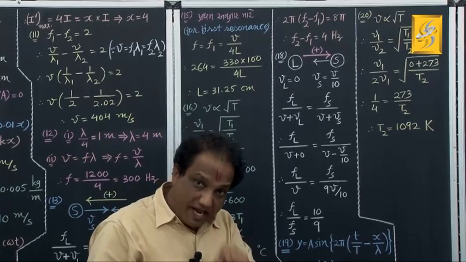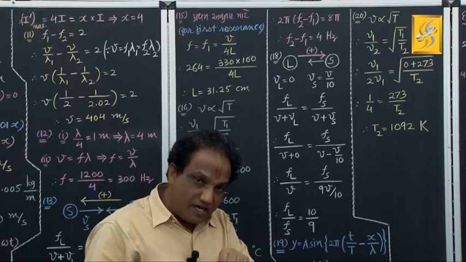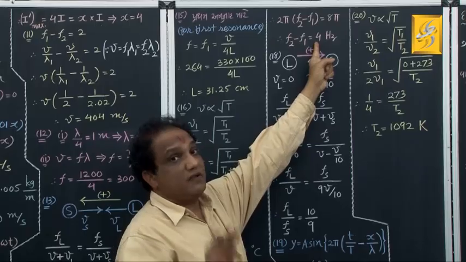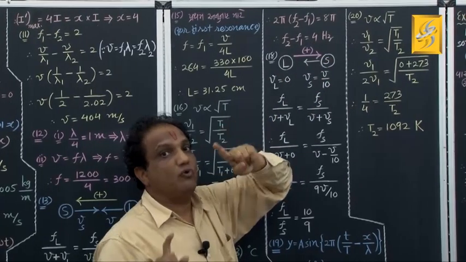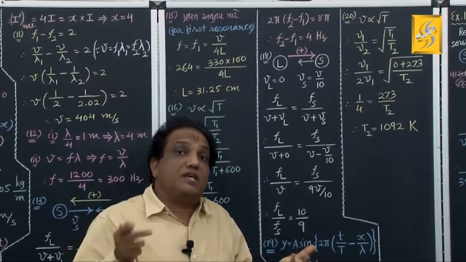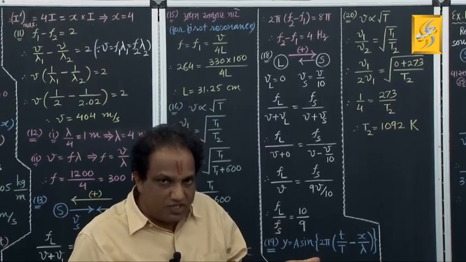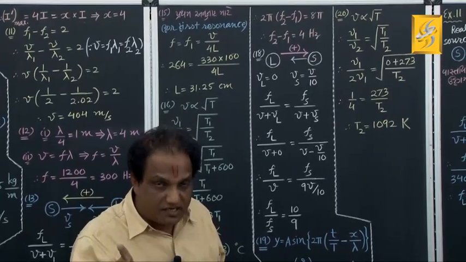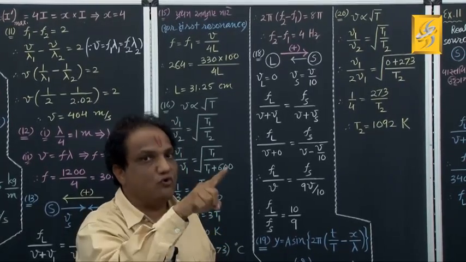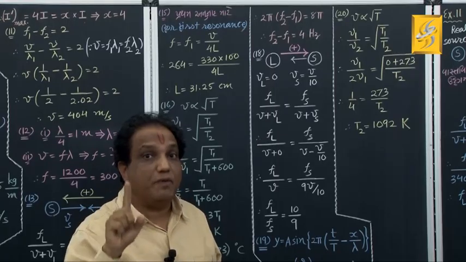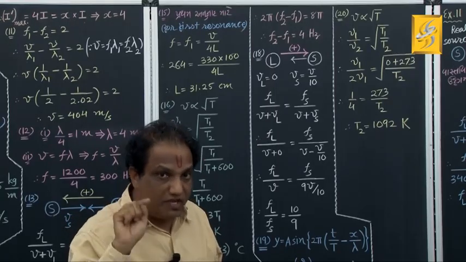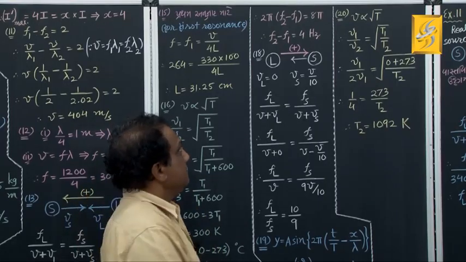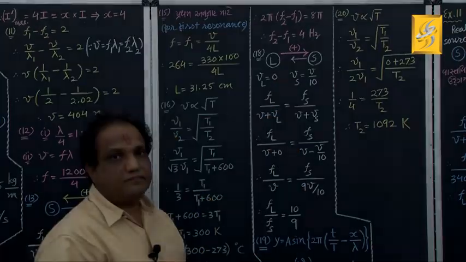Right now the time is in seconds, that's why I am writing hertz. So there will be 4 beats per second. They may ask in 1 minute, then you can put the terms this way. In 1 second, if there are 4 beats, then in 1 minute there are 60 seconds. So for 60 seconds, it would be 60 into 4, that is 240 beats per minute. Got it? So please read the question carefully and then accordingly try to answer. Okay? Read number 18.